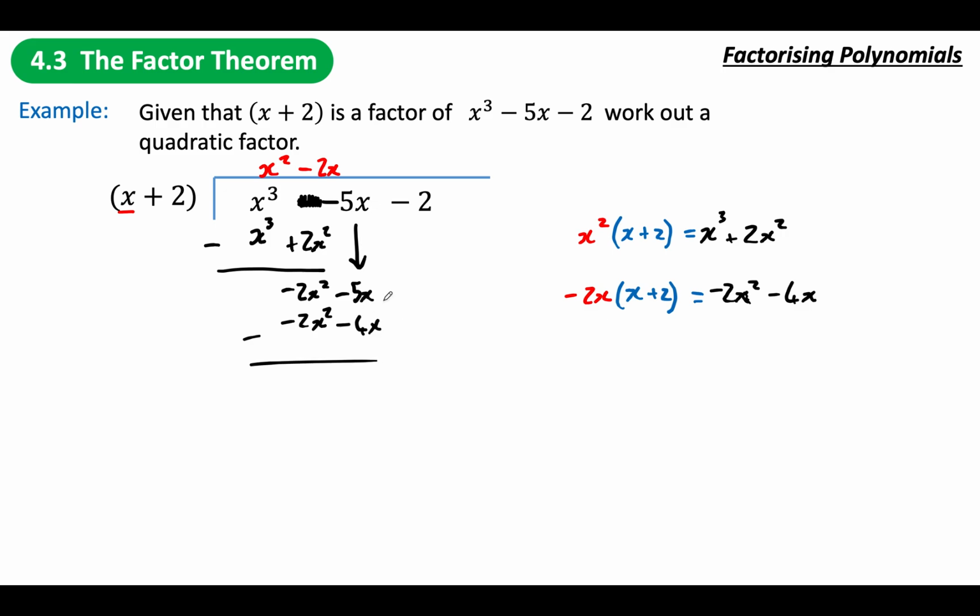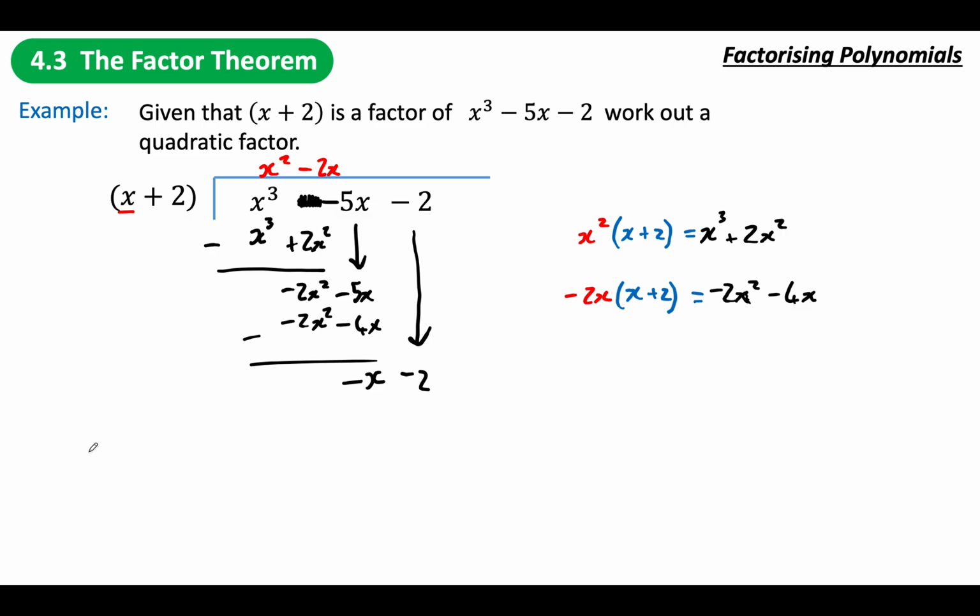And then take those away. Careful with your negatives. Minus 2x squared, take away negative 2x squared, leaves nothing. Minus 5x minus minus 4, so that turns into plus 4, leaves just one negative x there. So minus 1x, or minus x as I've put, because I like to keep it neat.